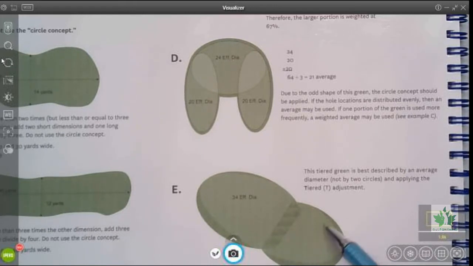So you could have the length this way, for example, and the width could be maybe 2/3 of the pins are up here because this is twice the size of this one. And the guidance is that you're better to do it that way than use it as two circles and adding them together. Okay, so let's go back now then.